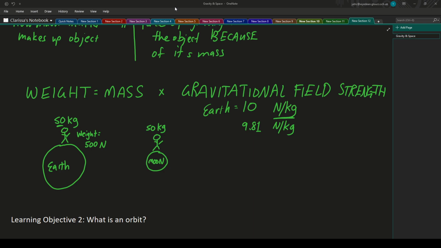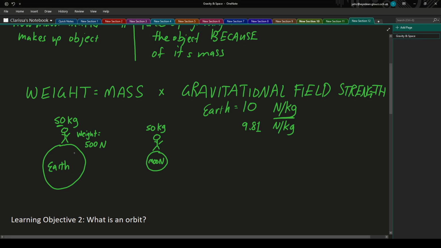The gravitational field strength of the moon, you don't actually need to memorize this, is 1.6 newtons per kilogram. So once again, what's going to be your weight? Well, weight is mass times gravitational field strength. Your mass is 50, times the gravitational field strength, which is 1.6 in the case of the moon.